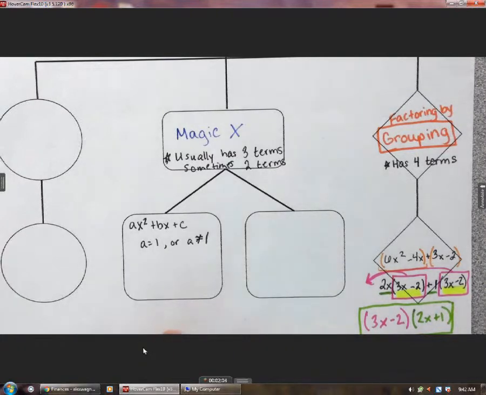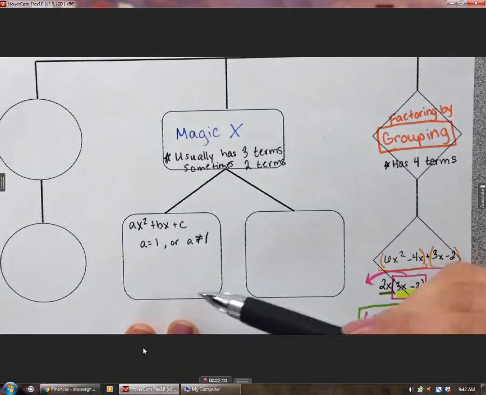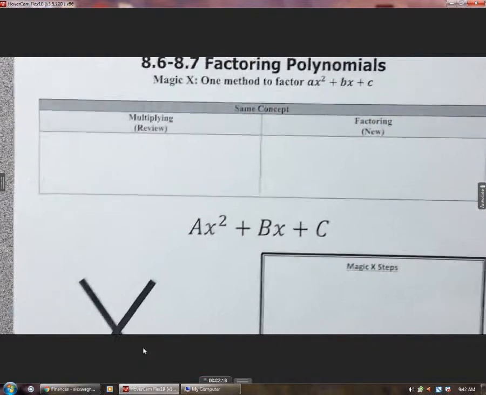I'm going to leave this as it is because I haven't had a chance to teach you how to do it yet, and it's a lot of steps to cram into this little box. So just tuck this to the side. We might come back to it, we might not. This is the actual notes for today.